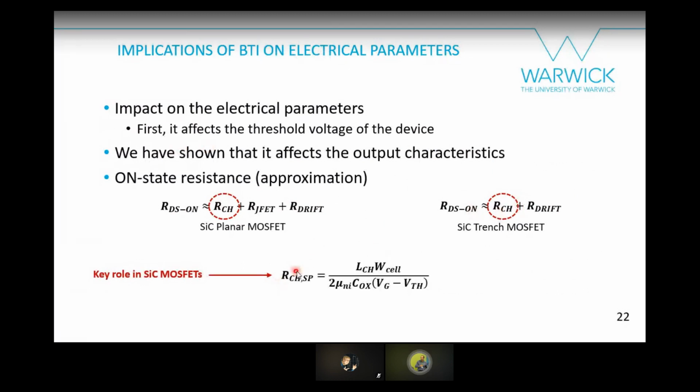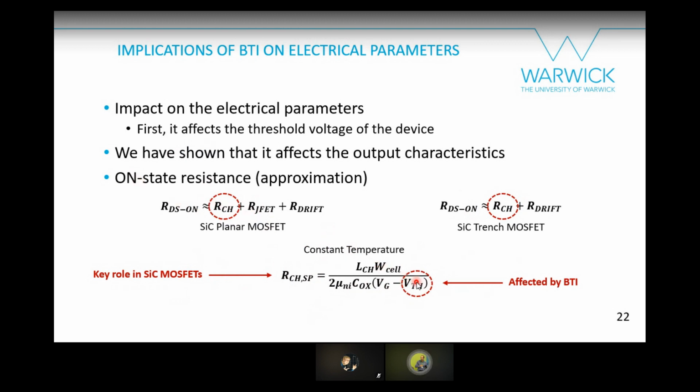Let's analyze now a bit the channel resistance, which has a key role in these voltage ratings. So you see that the threshold voltage appears here. There's the mobility, but let's assume that this is at constant temperature, so parameters are constant. So you have BTI and you change the threshold voltage, you are going to change the channel resistance, which is an important component of the total on-state resistance.